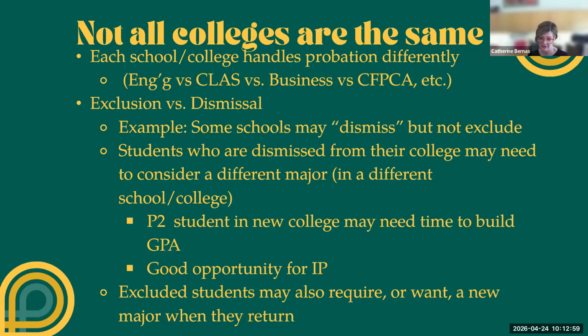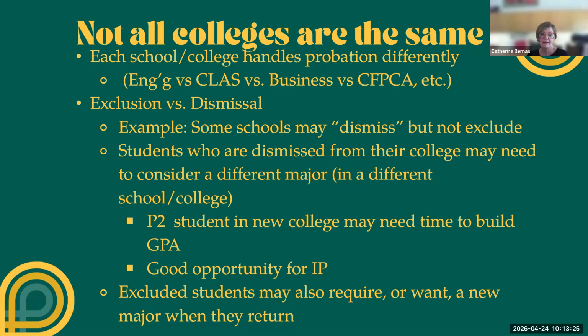Engineering is a good example. Again, we're not going to make them repeat an engineering class if they're now going to be pursuing economics or philosophy. So we might take that student that's a P2. That would be a good opportunity to put them on an improvement plan and give them that P3 status so that we can give them a little bit of a grace period to bring up their GPA.